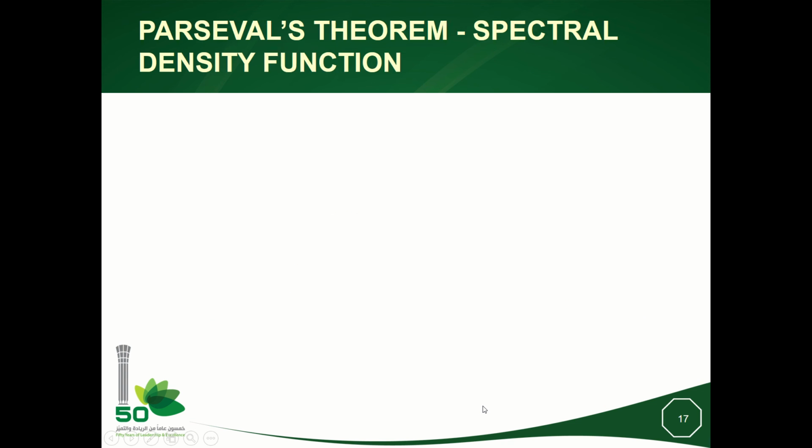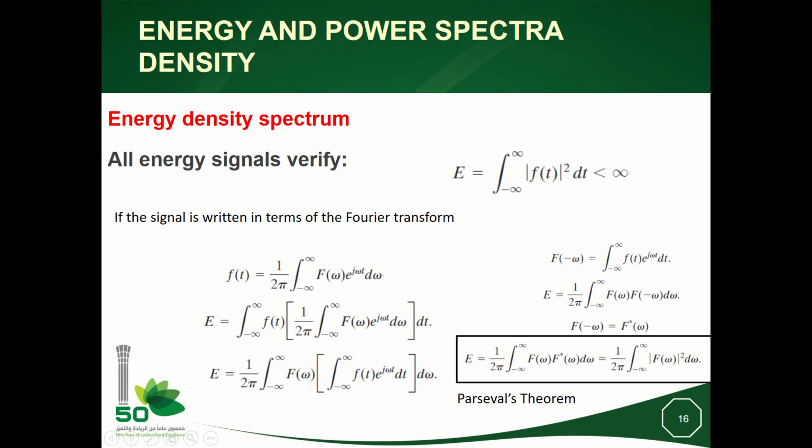So what we have to outline here is that if I have the expression of the signal in time, I can calculate the energy by integrating f(t) squared dt from minus infinity to plus infinity. And if I have its spectrum F of omega, I can also have the energy in the frequency domain, which is given by this expression, and this is what we call the Parseval theorem, okay?